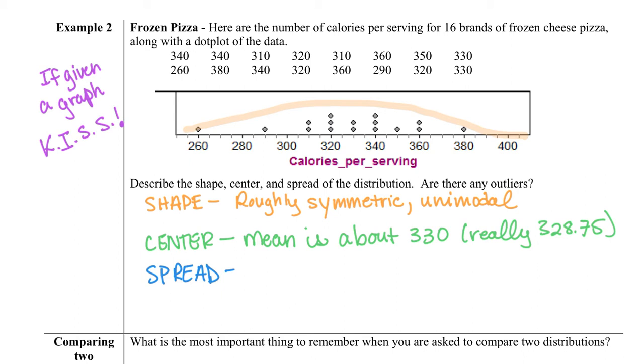Spread's a little bit trickier here without actually calculating the standard deviation. We're just going to talk about the range. So the range is the maximum, which is 380, minus the minimum, which is 260. So that's 120 calories. Anytime you give a measurement, you should give the unit so that we have some context here.